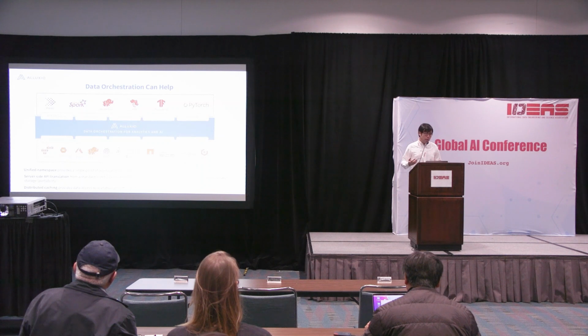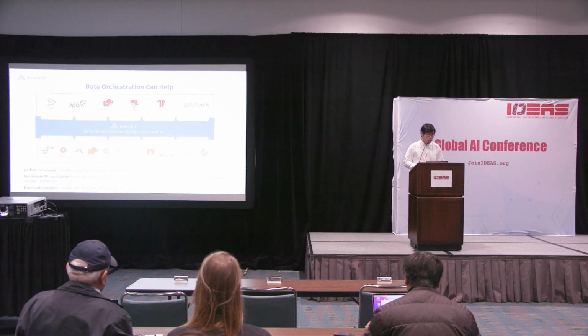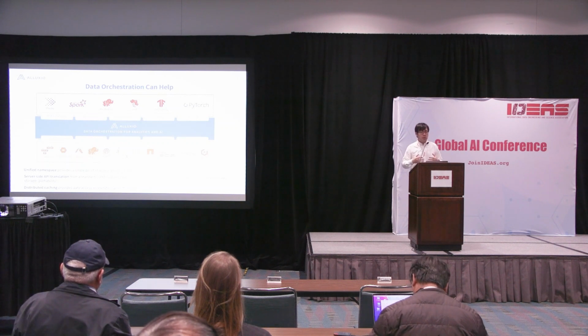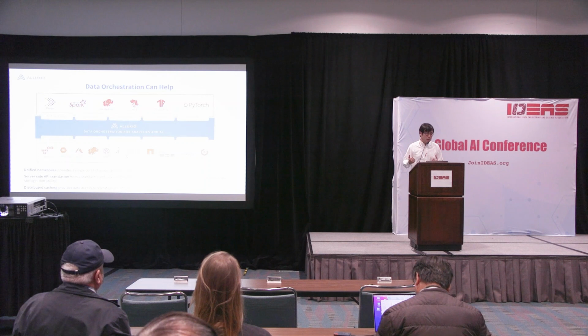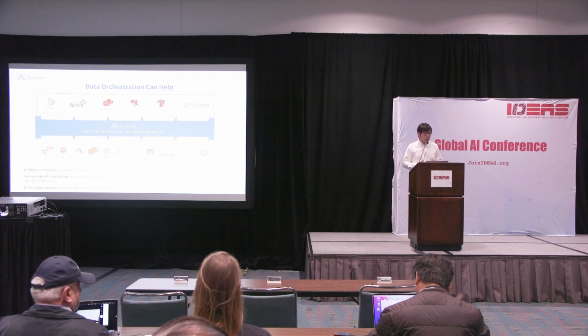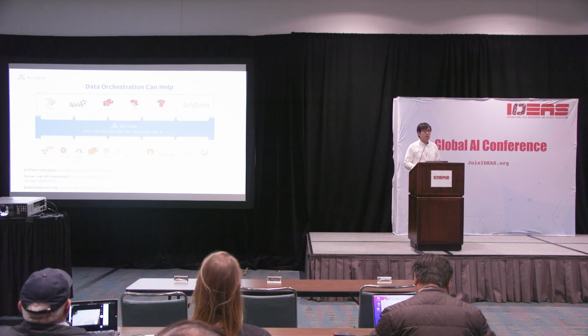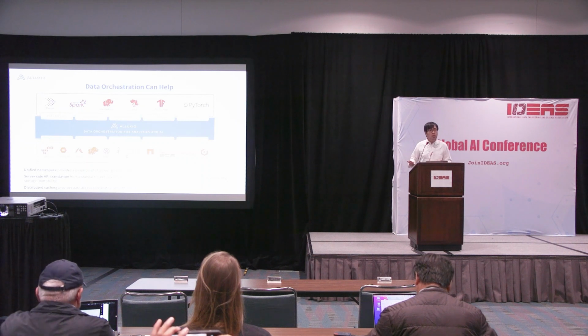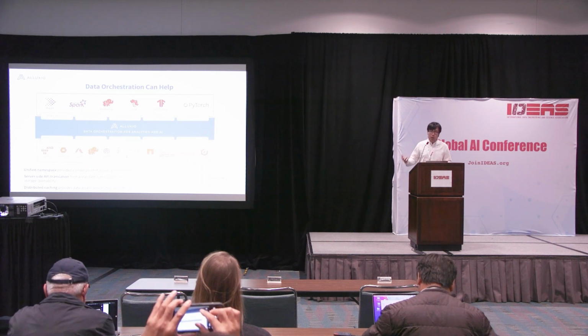We also provide data API translation, so you can use this data service with different data APIs to access the same set of data. You can use the Hadoop file system interface, which is super popular in Hadoop land.